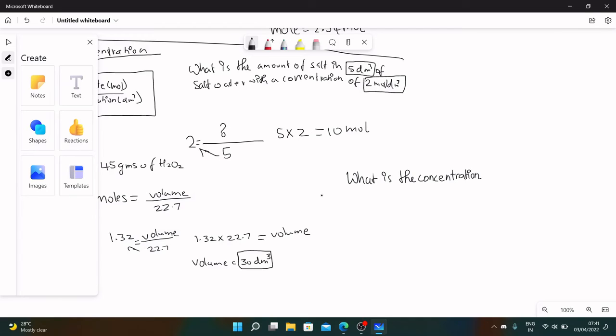What is the concentration of 2.35 into 10 to the power of 22 molecules of carbon in 10 moles of pig iron?